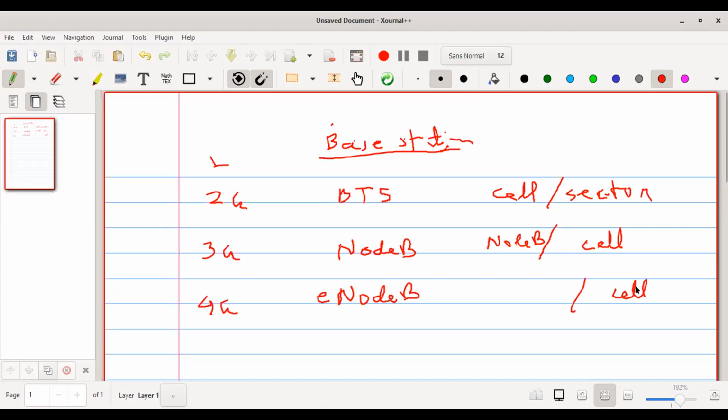Every sector will be called a cell. And then again, the E node B is used to indicate the region under the base station. In short, this term is shown this way: E N B.